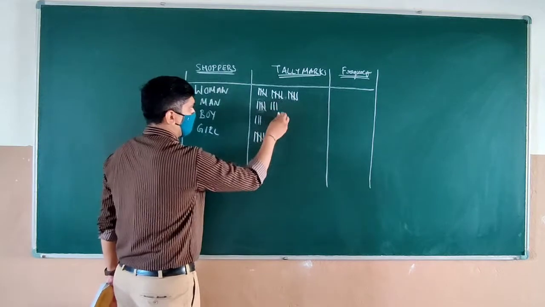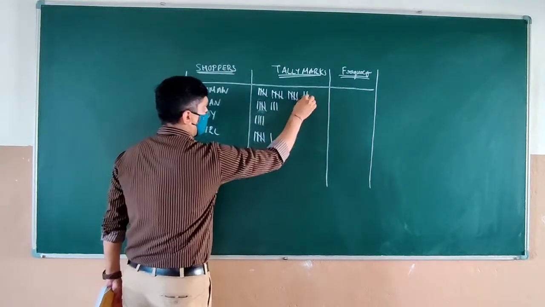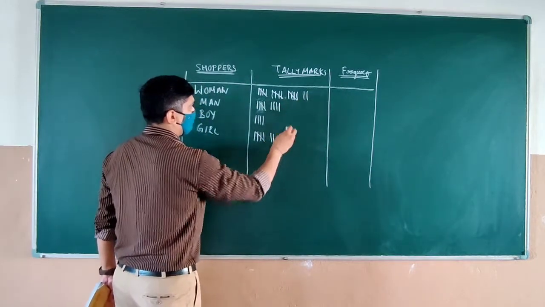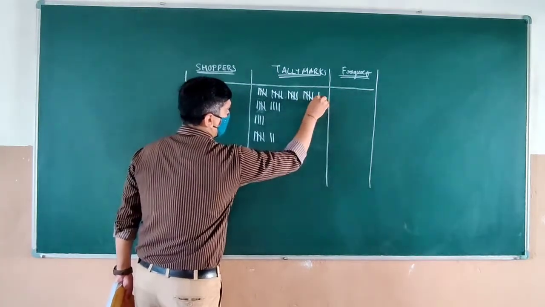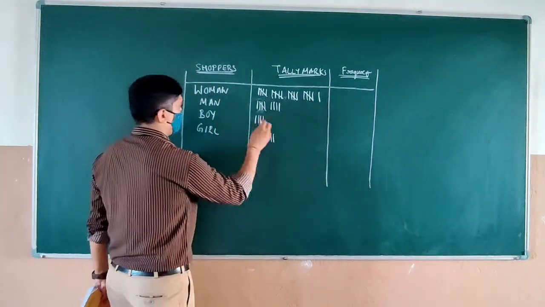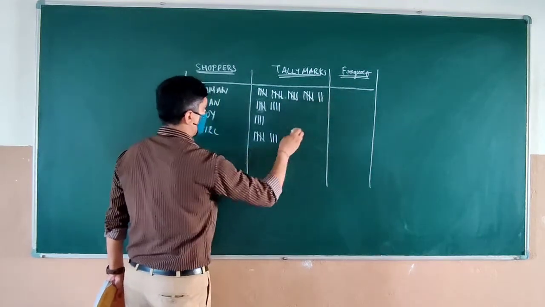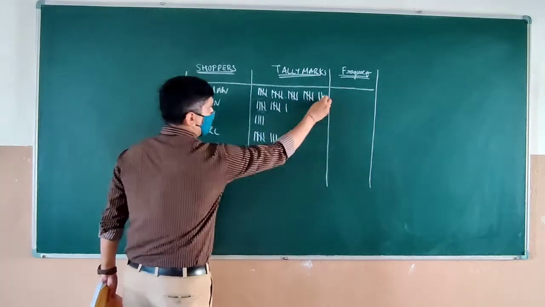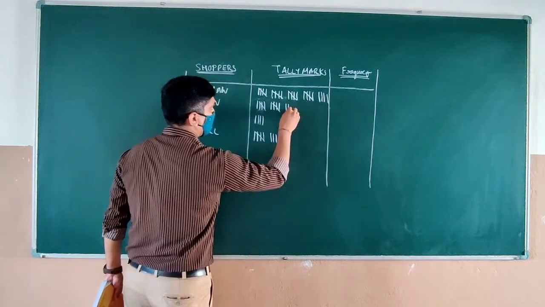Man, woman, boy, woman, girl, man, 4 times woman. Girl, woman, man, again man, woman, man. Wait a minute.